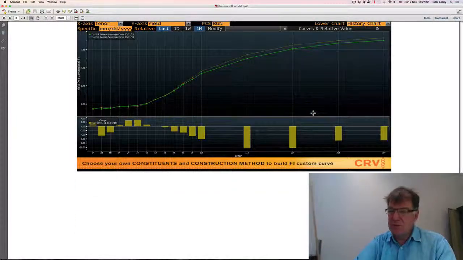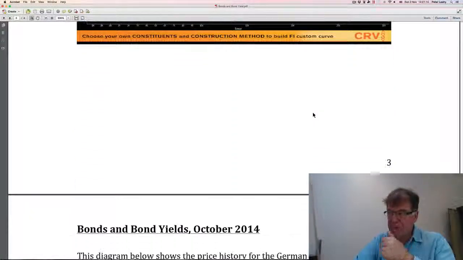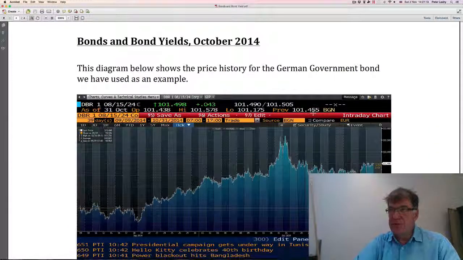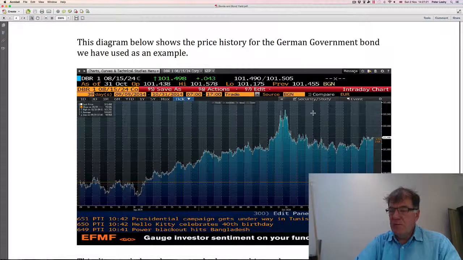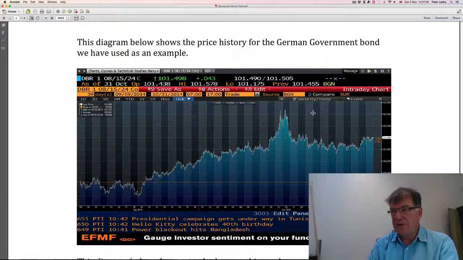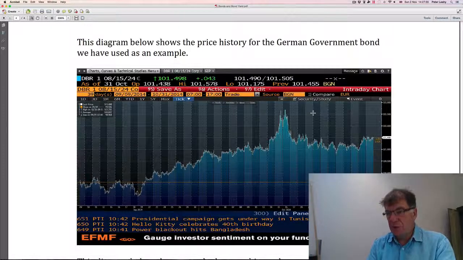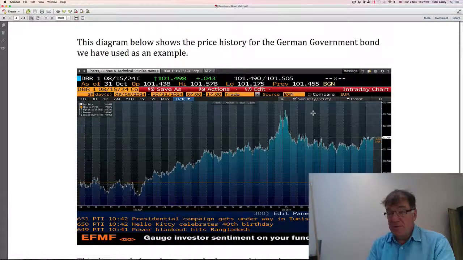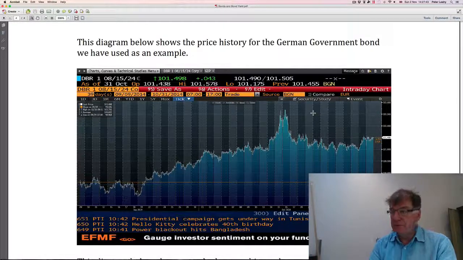I wanted, towards the close of this presentation, just to highlight something else, which is the idea not only that bonds trade, but the relationship between yield and price. Here I've taken from Bloomberg exactly this same bond that we've been talking about, and I've shown the evolution of its price over the period since it was issued in September of this year, a period of 2 months or so.